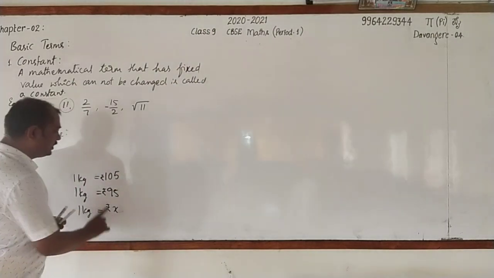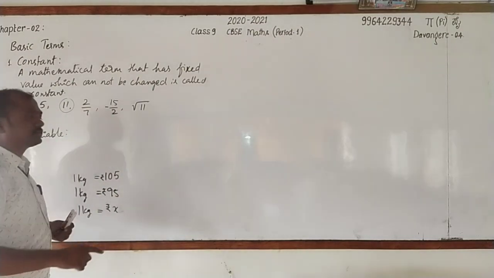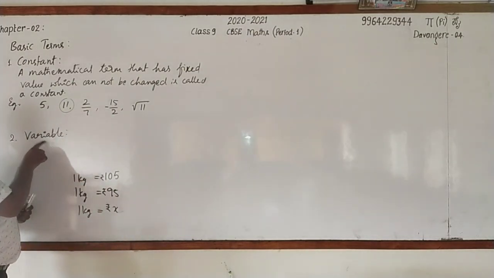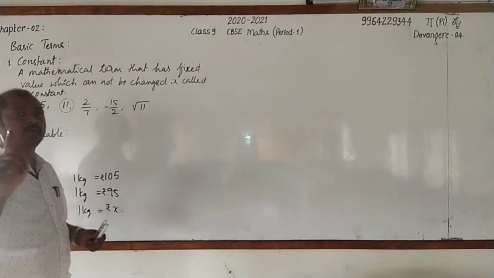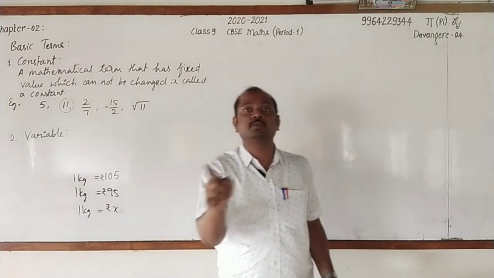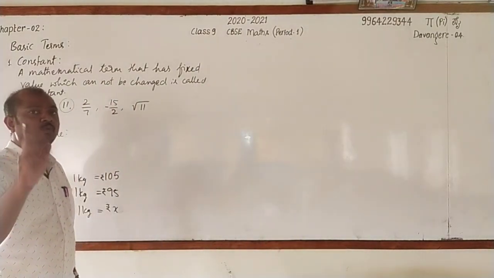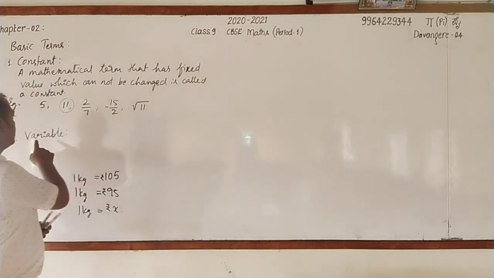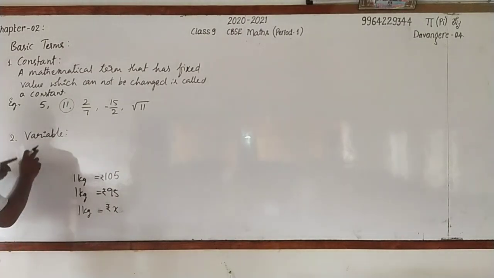Next way it will be rupees X. So to represent the unknown quantity also, we go for using a mathematical term that is called variable. Clear? Hence you can define variable as a mathematical term which varies and used for representing an unknown quantity is called a variable.